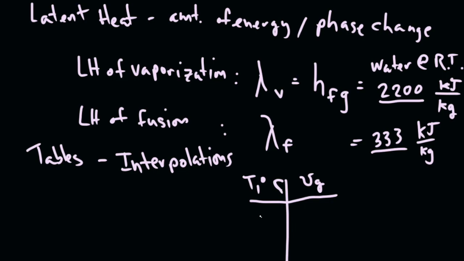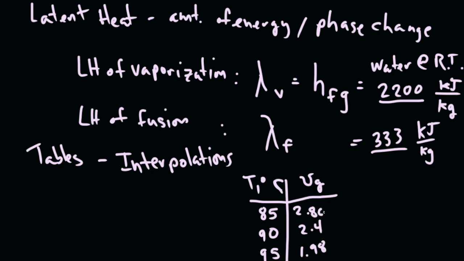Suppose you have 85, 90 and 95 degrees as the table entries, with values for each: 2.8, then 2.4, and for the last one 1.98.